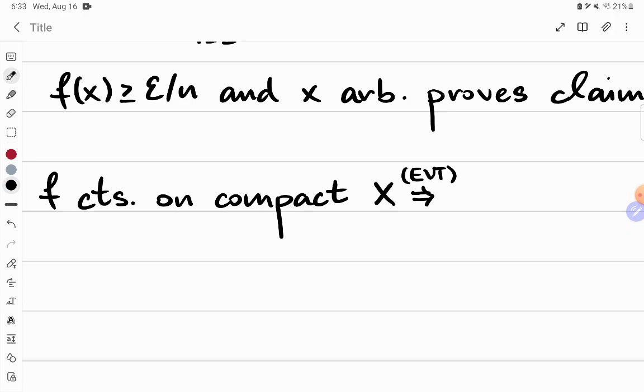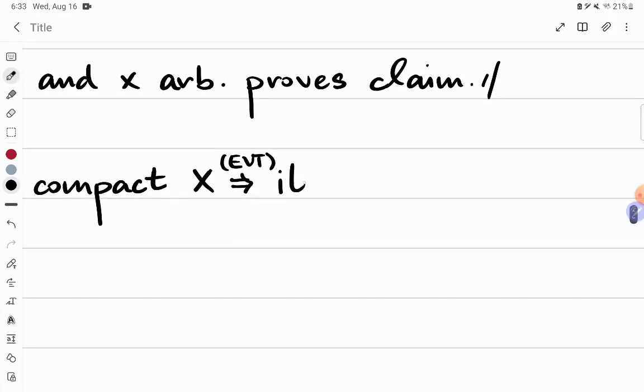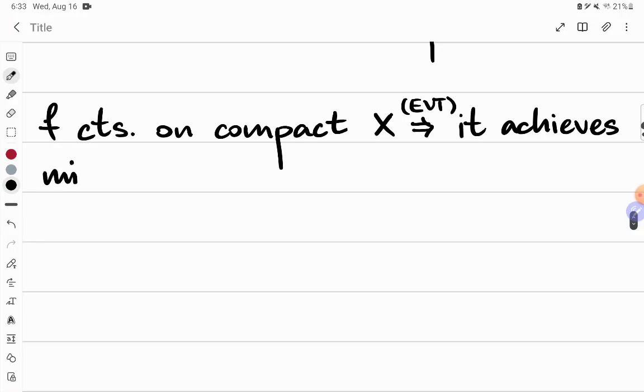And specifically what we're interested in is that it achieves its minimum. And remember, because f is positive, this delta, even though it's the minimum that f achieves, is always going to be guaranteed positive. So this is useful.